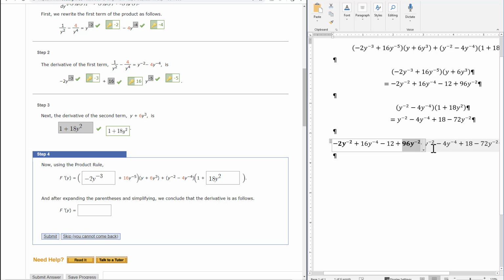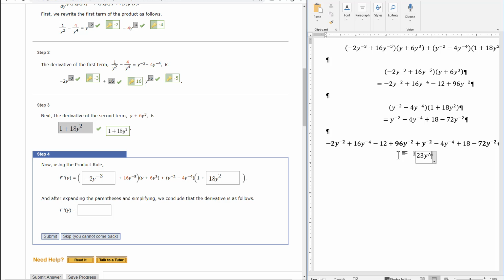Boldface this, also -2, this is -2, this is -2, so there's a few -2 powers here. So what do we have? We're going to add -2 plus 96, so that's positive 94, positive 94 plus 1, that's 95, 95 minus 72, that's going to be 23, 23y to the -2 power.